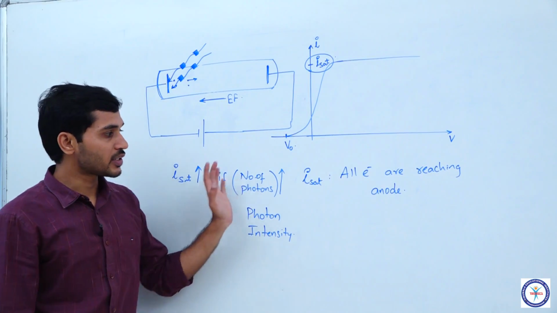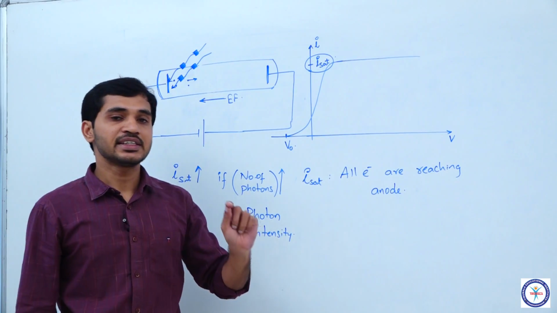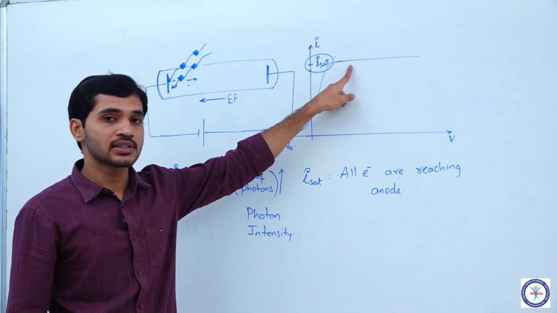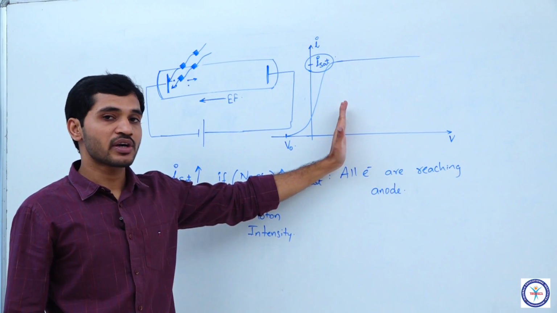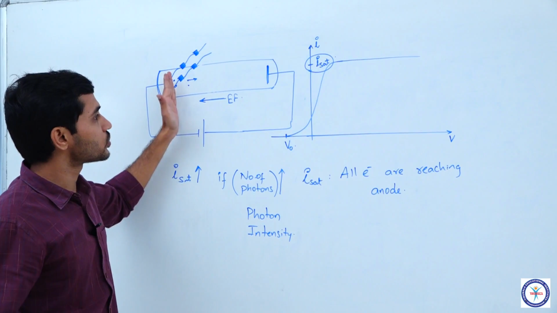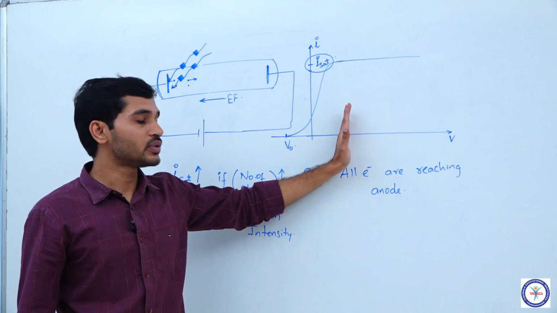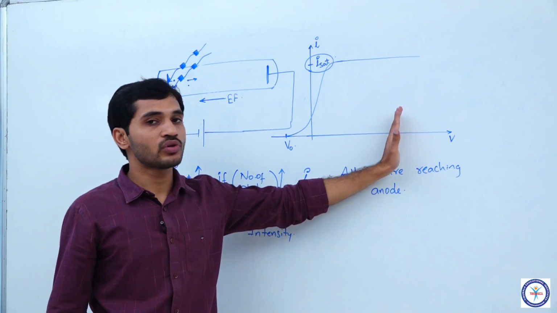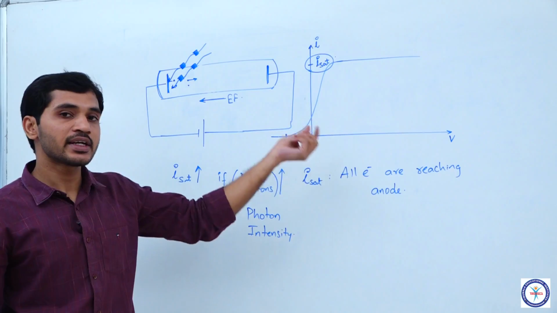Now, let me summarize whatever we have discussed here about saturation current. First, the reason why saturation current occurs is because there will be a point where the voltage which you have applied is enough for all the electrons being produced here to reach the anode, and once that value is reached, further increasing the voltage does not help you in any way, because all the electrons are already reaching.